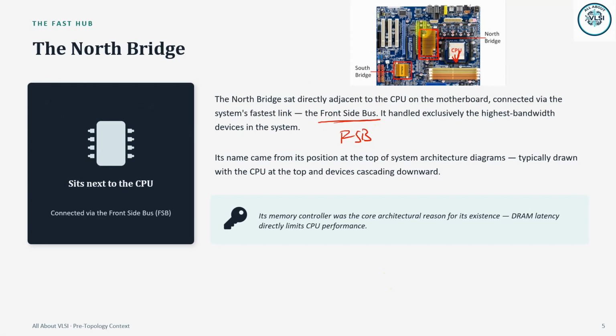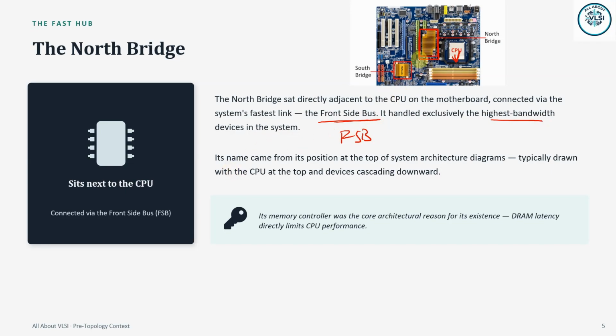In this chipset there are two chips, the north bridge and the south bridge. The north bridge and the CPU are connected via a high bandwidth link known as the front side bus. This is the fastest link on my entire board.